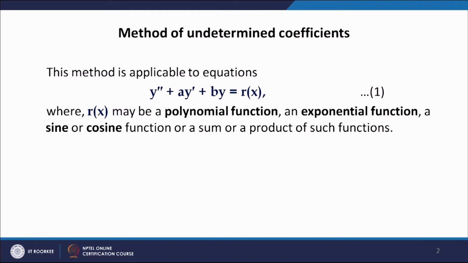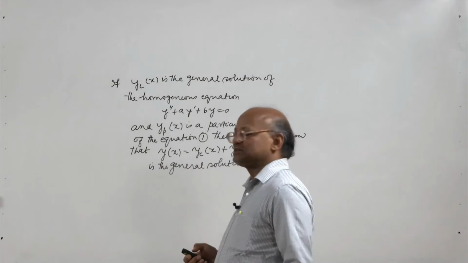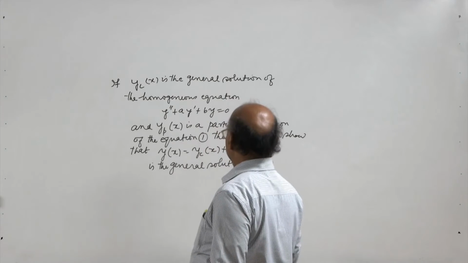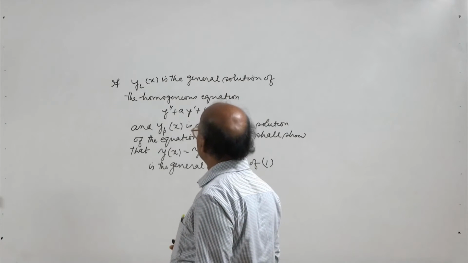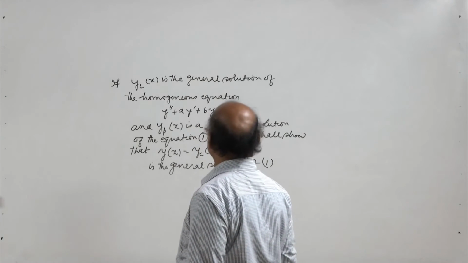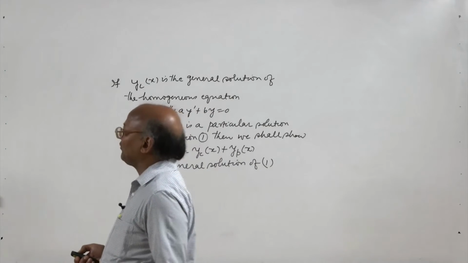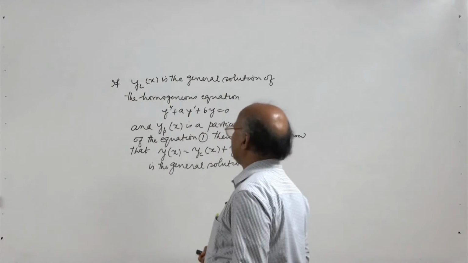So if we can show that y(x) = y_c(x) + y_p(x) is a solution of equation 1, then y(x), because it contains two arbitrary constants, will be the general solution of equation 1. y(x) contains two arbitrary constants because y_c(x) contains two arbitrary constants and y_p(x) is a solution of equation 1 without any arbitrary constants.